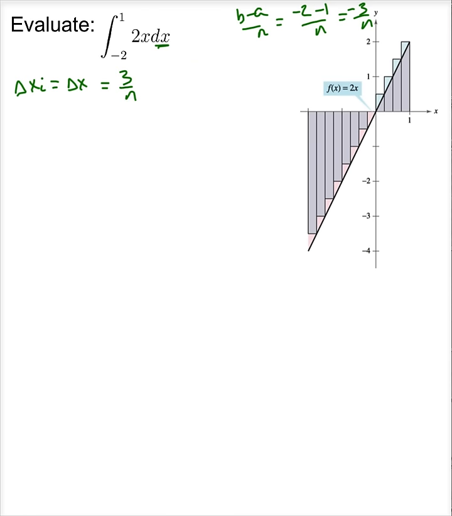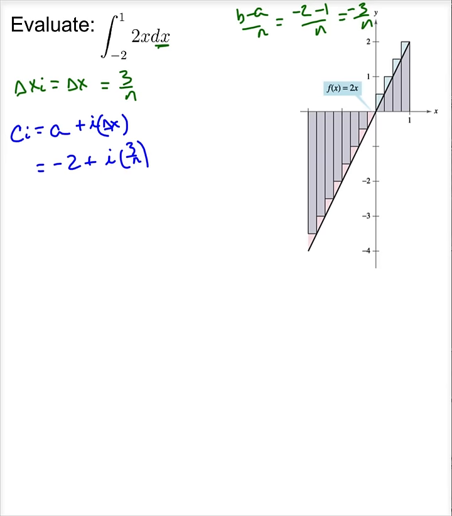Now we can choose c sub i any way we like, but let's go back to the regular partition that we used before, and let c sub i equal a plus i delta x. Here I do have to keep that negative sign, so this is -2 plus i times 3 over n.